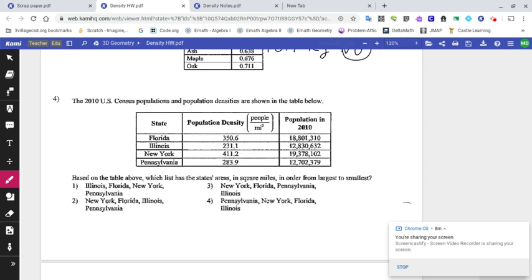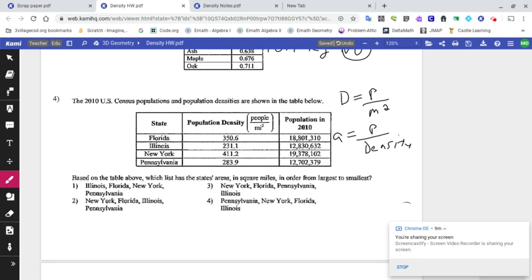In this case, it gives me the number of people and the population density. If density equals people per square mile, this is the area, square miles. I know that the area is going to be the number of people divided by the density.